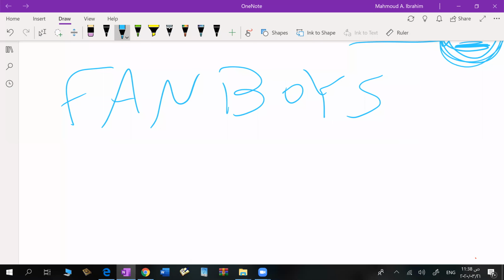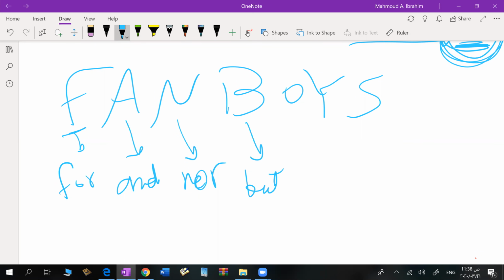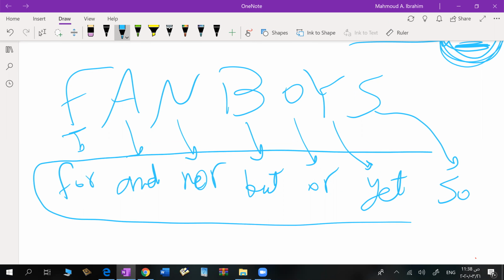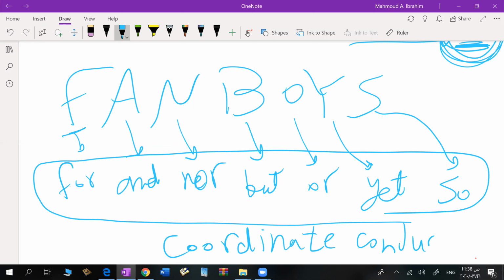F for for, A for and, N for nor, B for but, O for or, Y for yet, and S for so. These are called coordinators or coordinate conjunctions or coordinate connectors. Call it whatever you want. Call it fanboys. I don't care what you call it. What I care about is that you use them correctly.